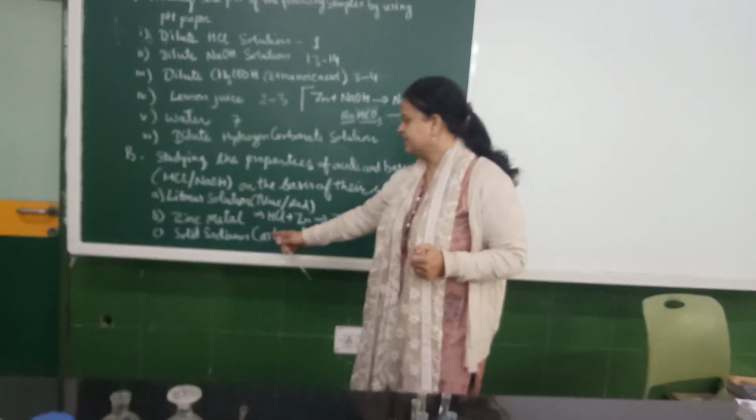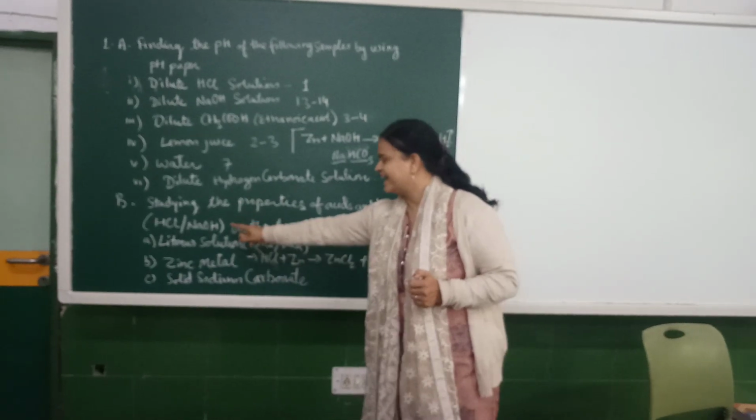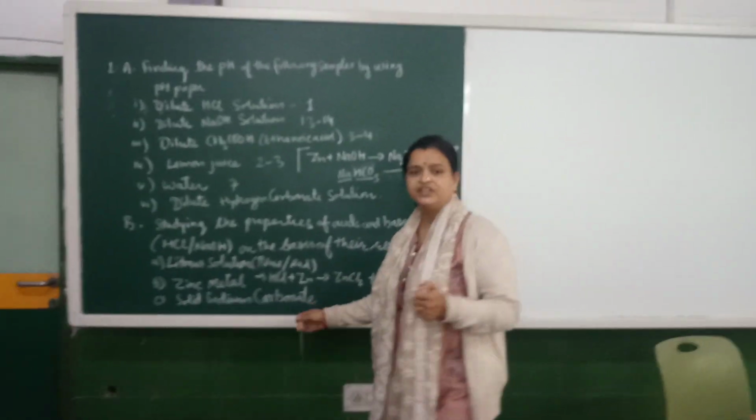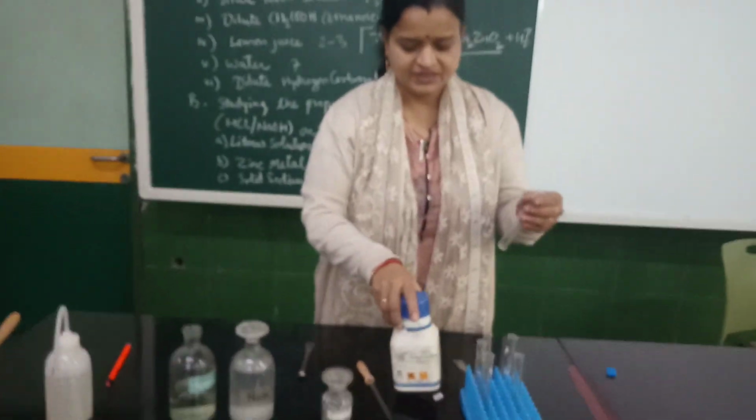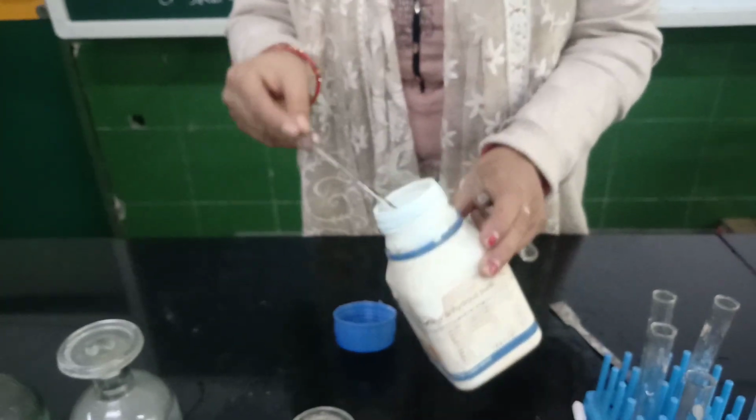Okay, now let us check how hydrochloric acid reacts with sodium carbonate. Here we have sodium carbonate. Let me first take hydrochloric acid in this test tube. Now you can see the bubbles coming out.